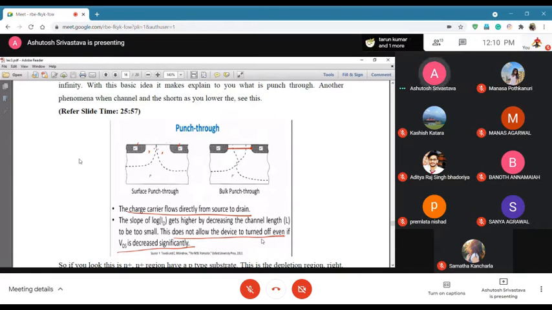So in this, whether it is at the surface or in the bulk, a punch-through phenomenon happens where the charge carriers flow directly from source to drain.